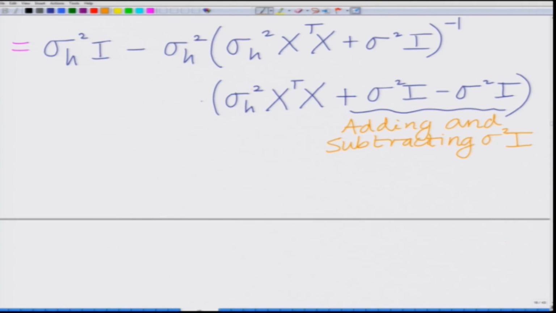Now, you can see that sigma h square x transpose x plus sigma square identity, multiplied by this first part, its inverse, will give identity.